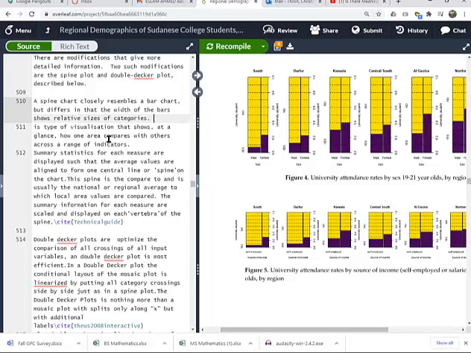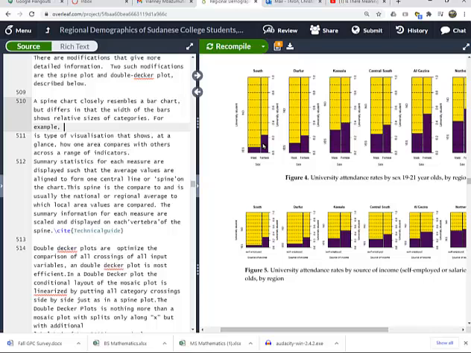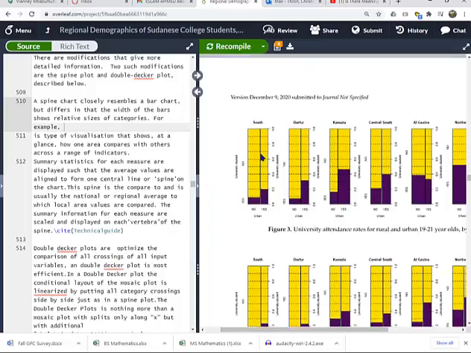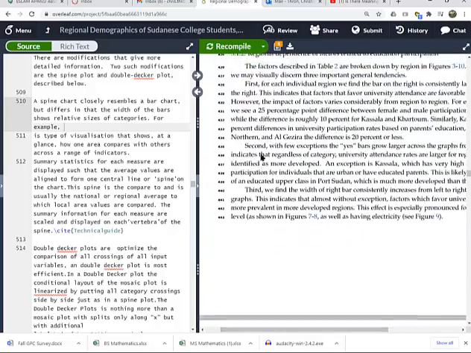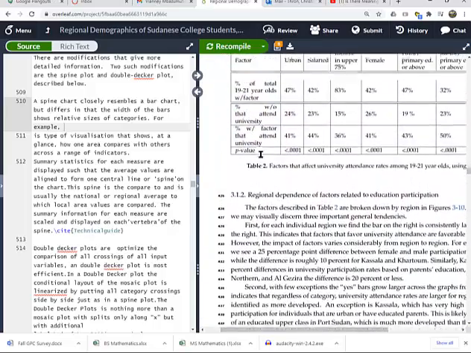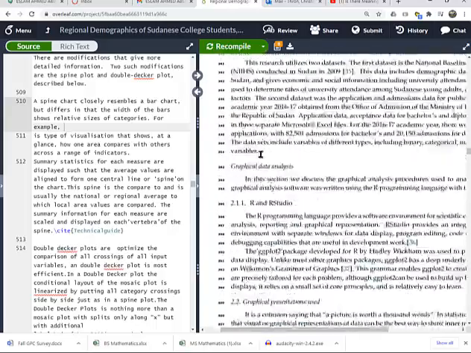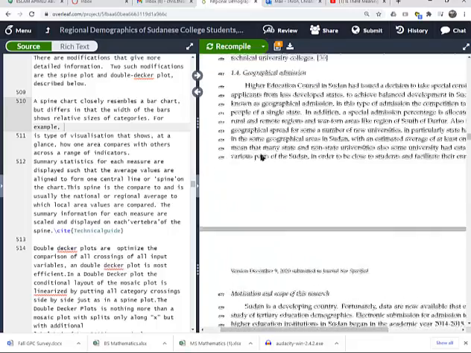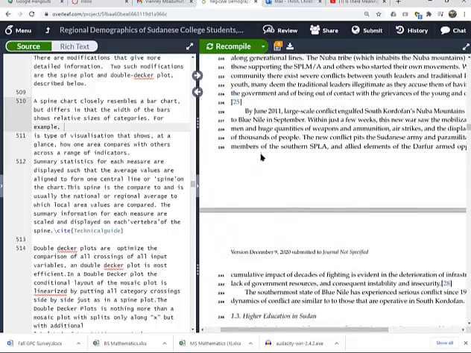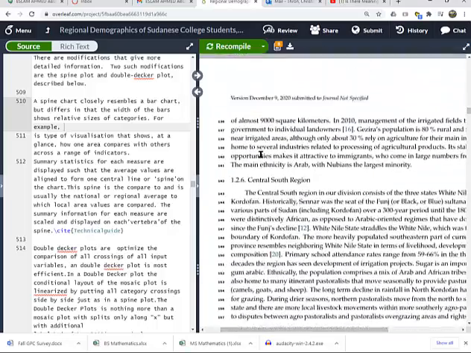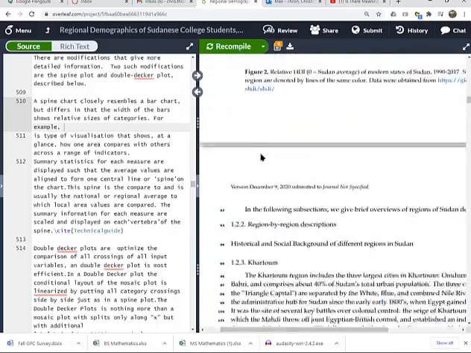We should now explain what this means. You should say, for example, let's find the first spine plot that we have. This is figure 3. Is this the first spine plot? Let's see. I think there's a bar chart up here. Let's find out where figure 2 is.